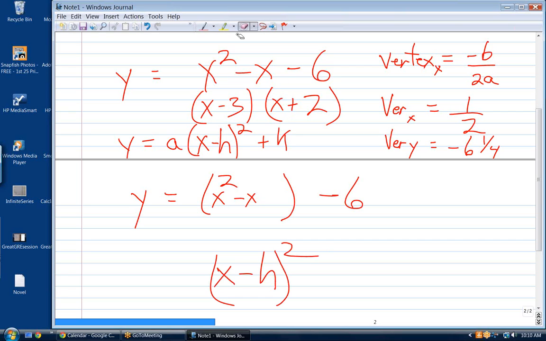Now, the first step for completing the square is to make sure your coefficient is 1. And it is, so we don't have to factor anything out. If I had a 2 here, I'd have to factor that 2 out, and a would become 2. But in this case, it's 1, so all I have to do is complete the square. Do you remember how to complete the square?